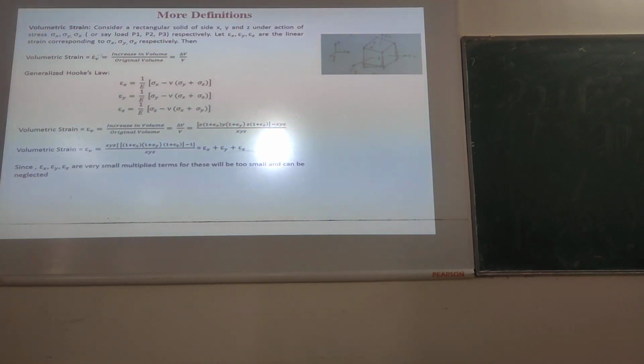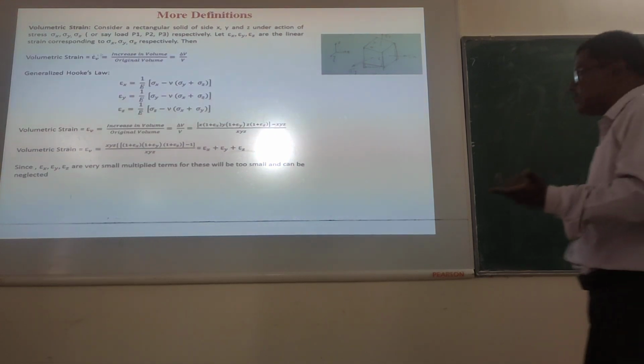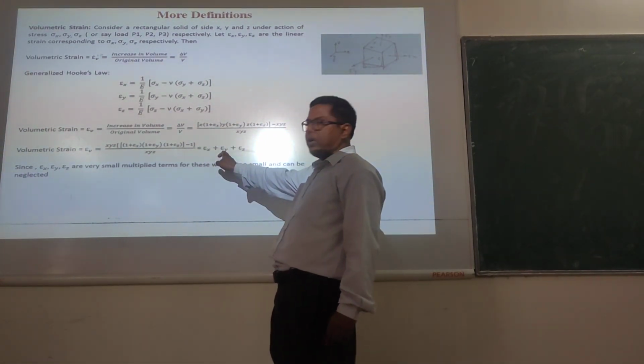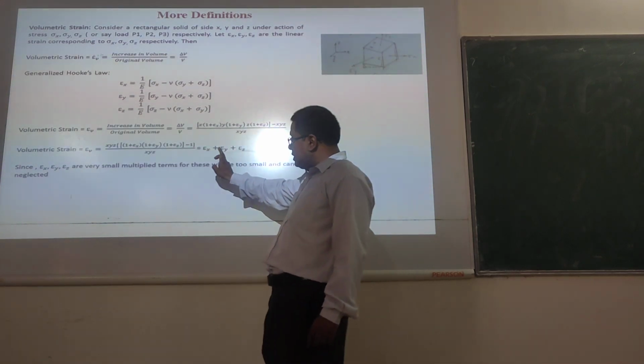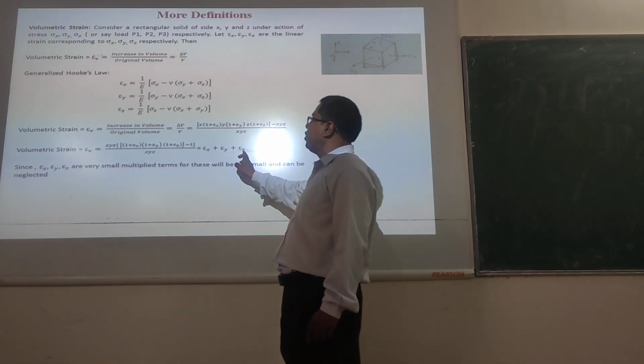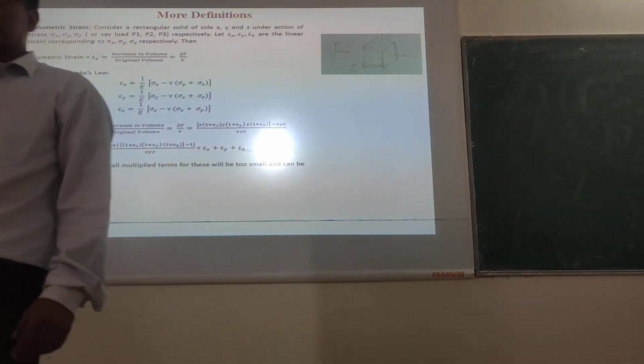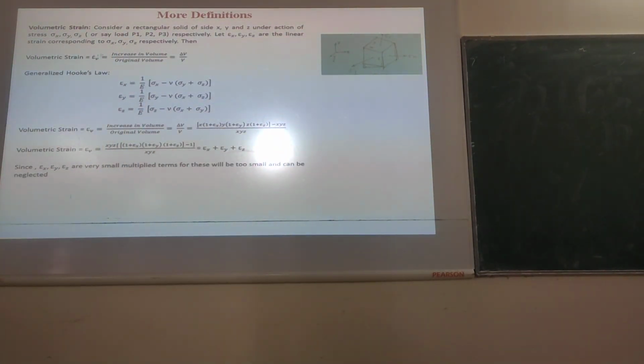That is the volumetric strain when a body is subjected to mutually perpendicular forces in three directions, direct tension or direct compression. And these epsilon x, epsilon y, epsilon z must all come from the generalized Hooke's law, not from the simple Hooke's law. Direct Hooke's law you cannot apply.